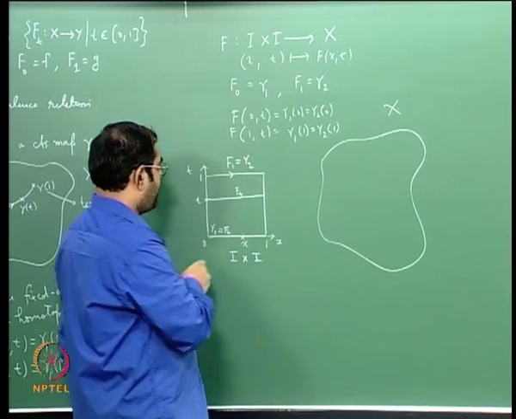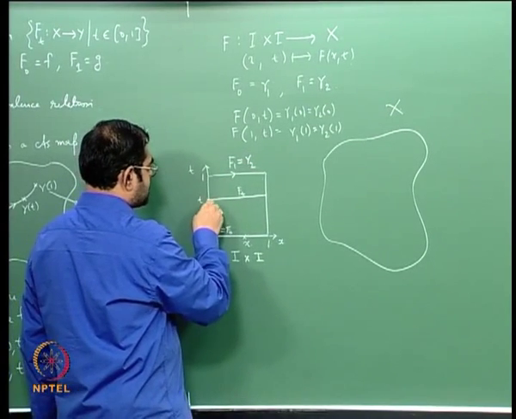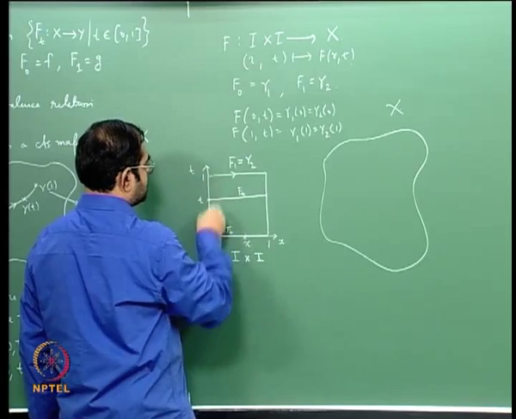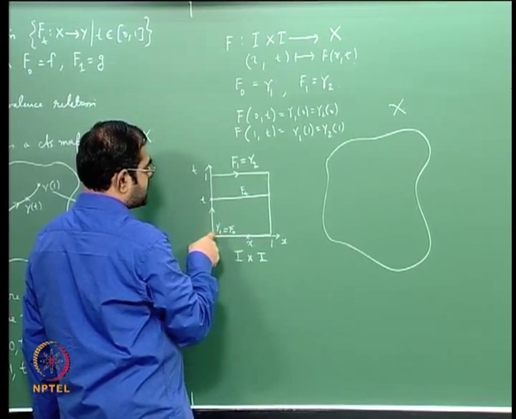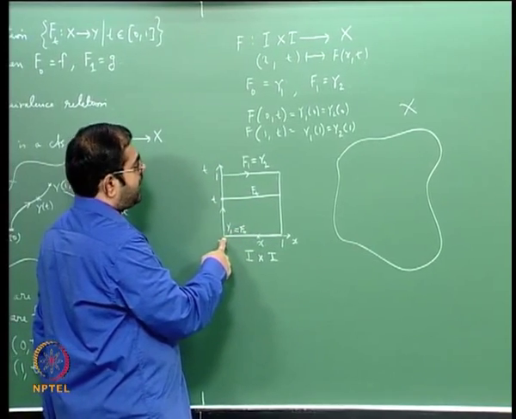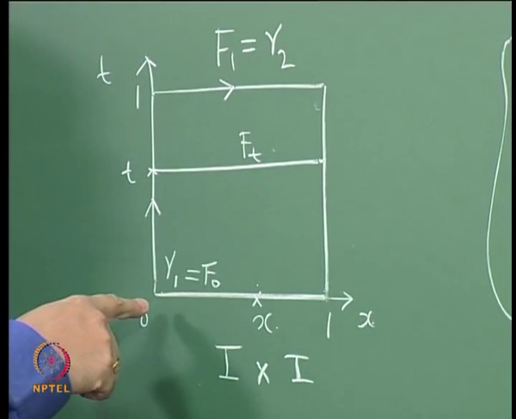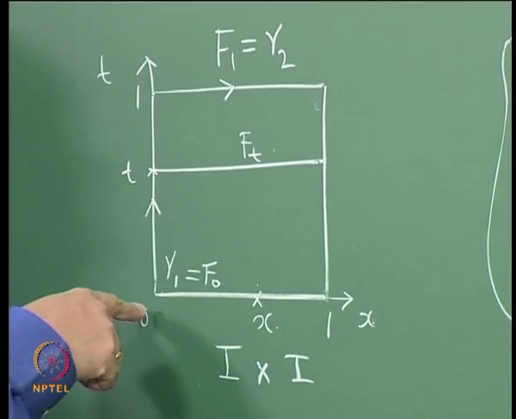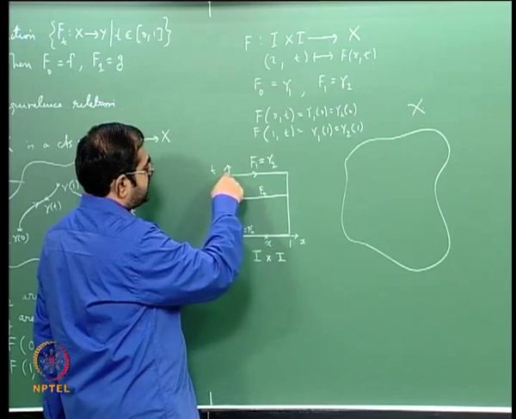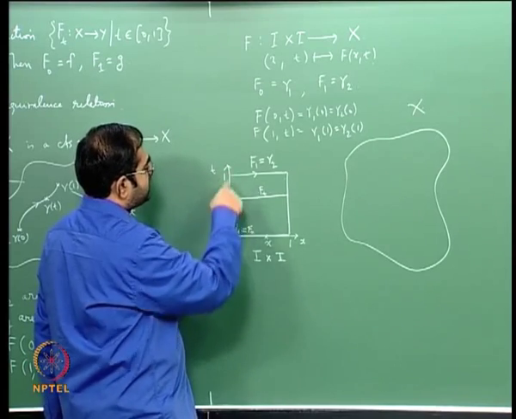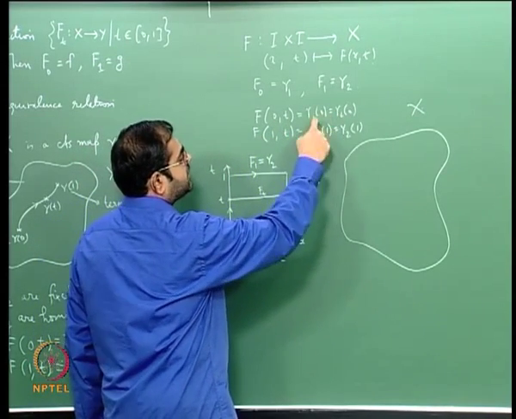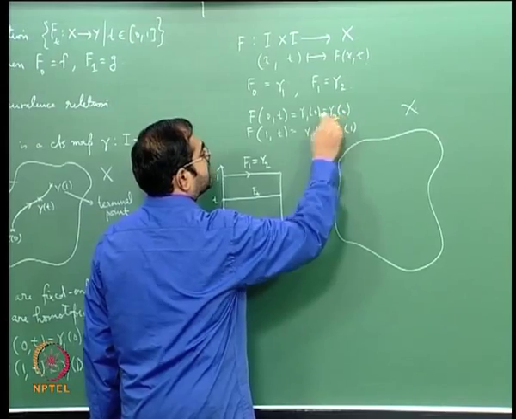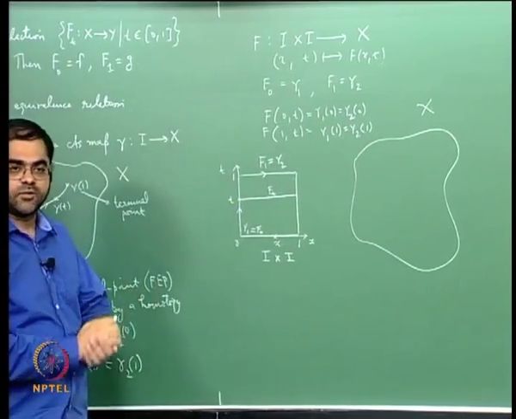Along this segment x is 0 but t is varying, so what you get is f of (0, t), and that means f of (0, t) should be the initial point for both of the paths.